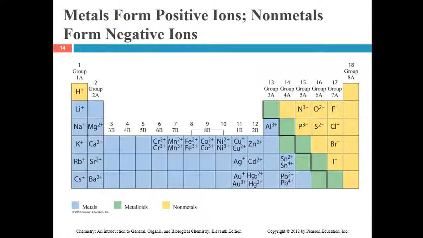Now, I do want to point out, as we're looking at our periodic table here, remember how we really didn't talk too much about the transitionals when I was asking you to predict what charge they would have. Well, as a whole, one of the charges they have quite often is a +2 charge.